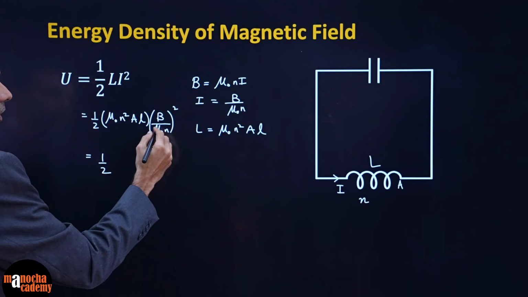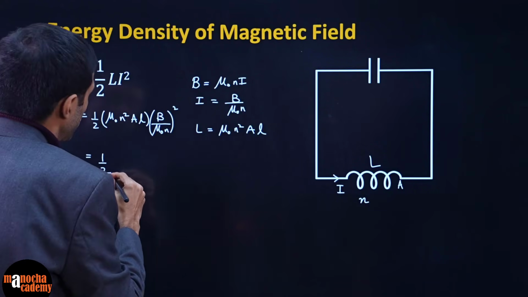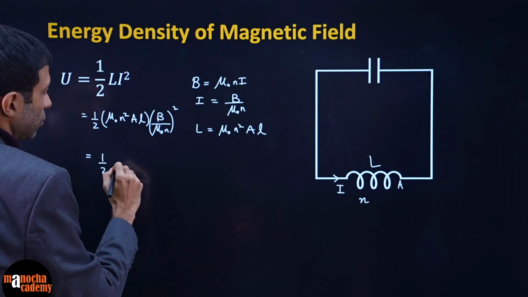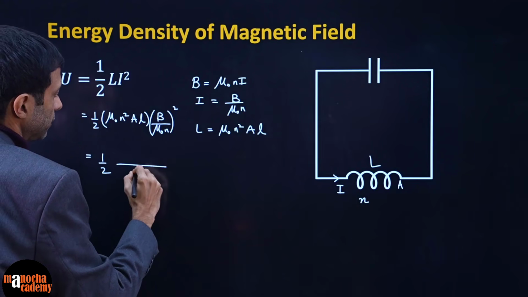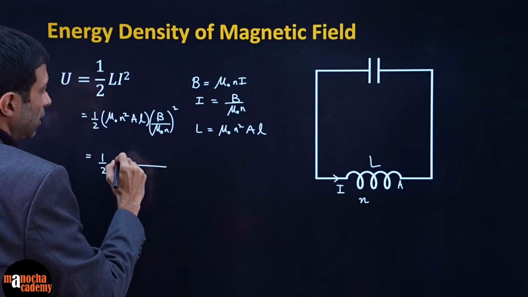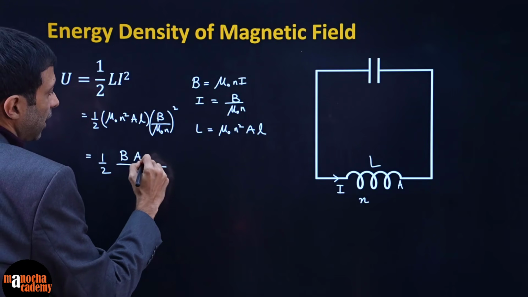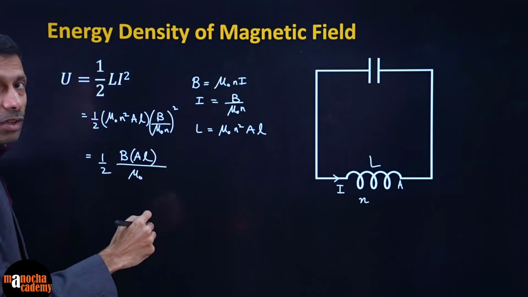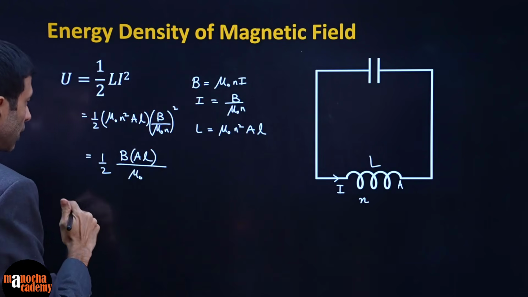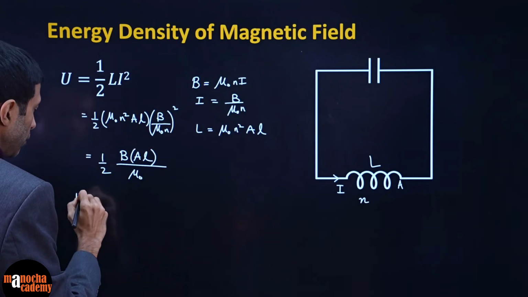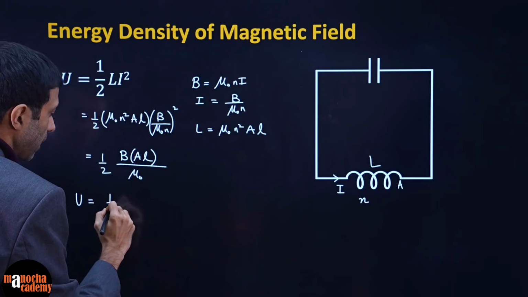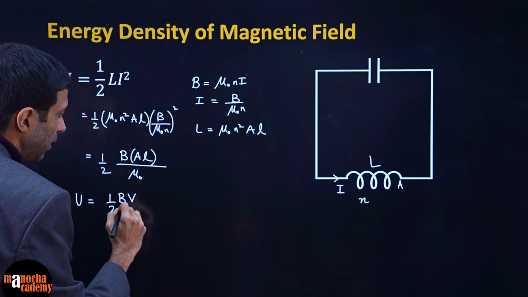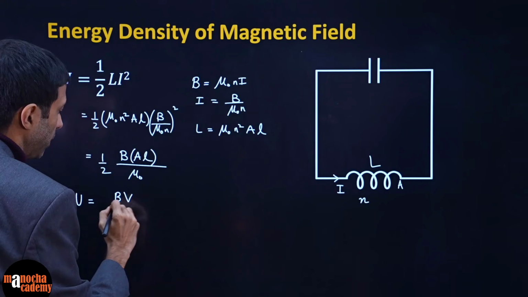The mu naught will be in the denominator, so we'll get a mu naught over here. N square will cancel, B square times A L. Again, A L is the volume. So we can say U is equal to half B square V by mu naught.